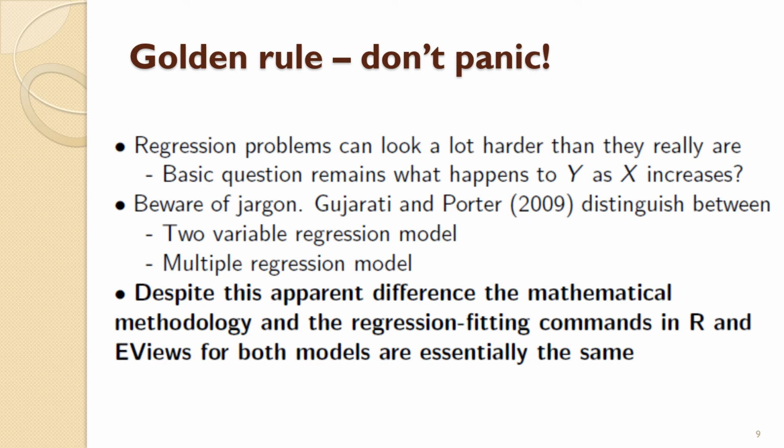Despite this apparent difference, the mathematical methodology and the regression fitting commands in both R and EViews and any other software worthy of the name will essentially be the same. So this distinction is quite artificial, and actually exaggerates and inflates the difficulty of the subject.